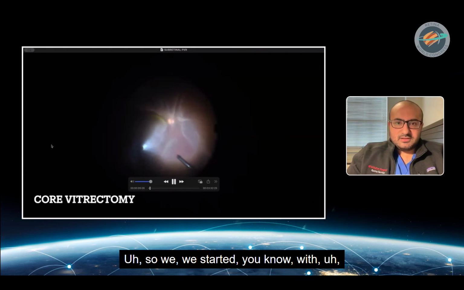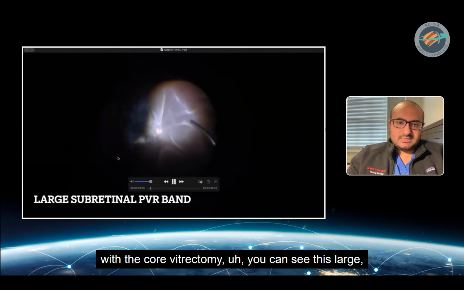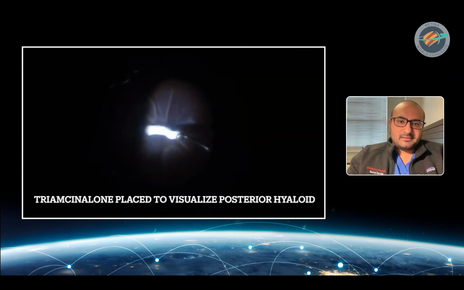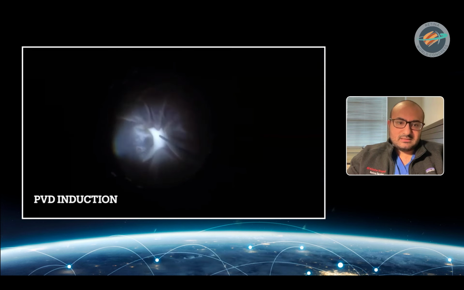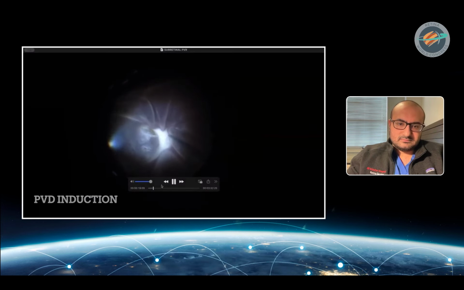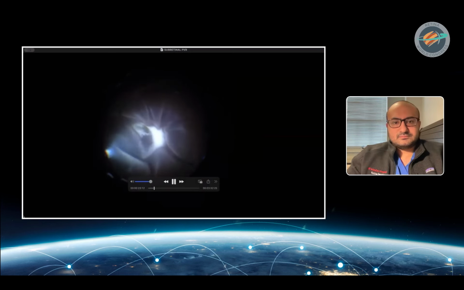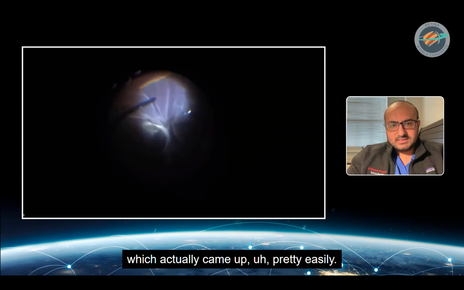So we started with a core vitrectomy. You can see this large subretinal band. First step, of course, was to induce a posterior vitreous detachment, which actually came up pretty easily.